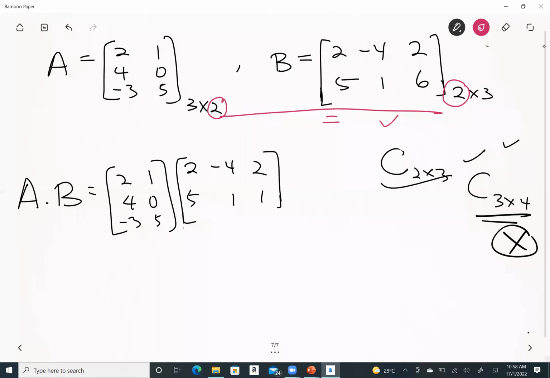So multiply. All right. And I write down here, you got A 3 by 2, B 2 by 3. So what is the size of the product matrix? It will be C 3 by 3. Okay. Ini sama. So size will be 3 and 3.